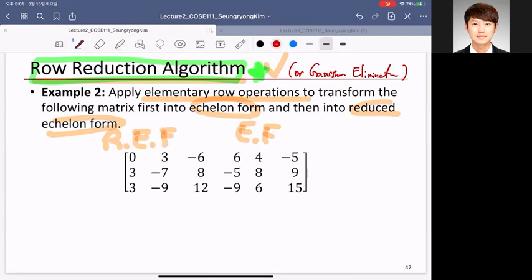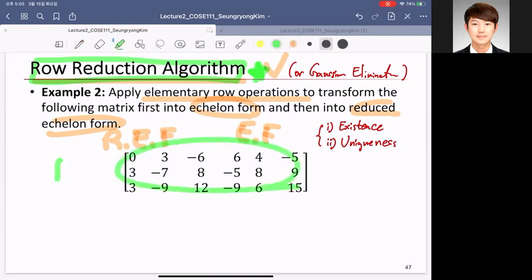As we discussed so far, by using these two forms, echelon form and reduced echelon form, we can determine whether our system has a solution, existence, and uniqueness, right? So let's do that.